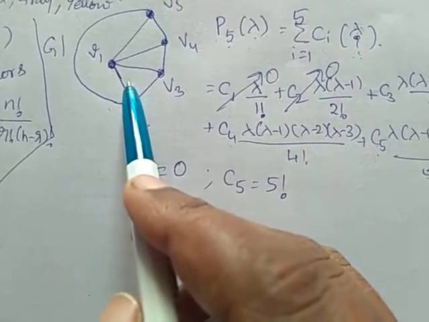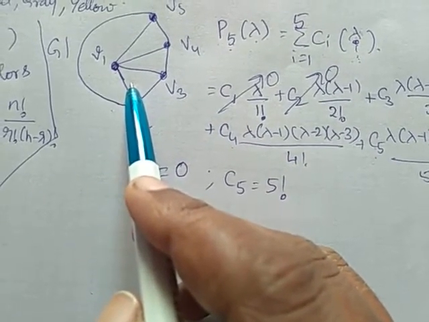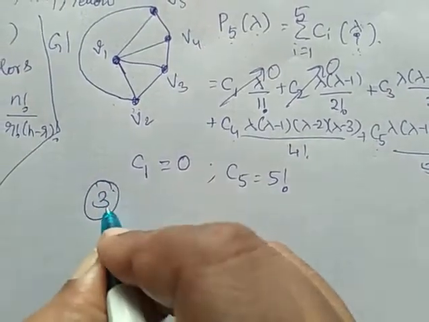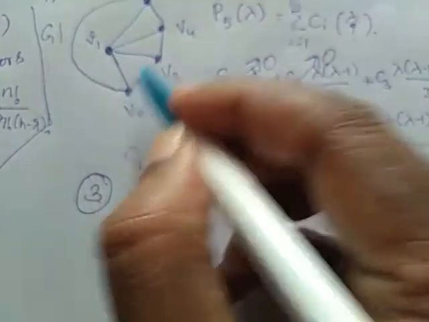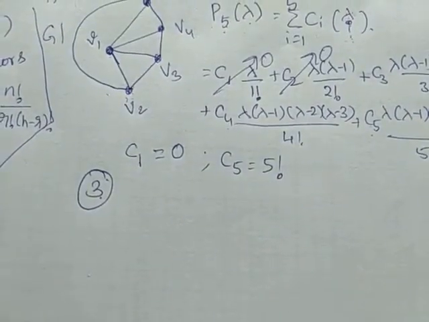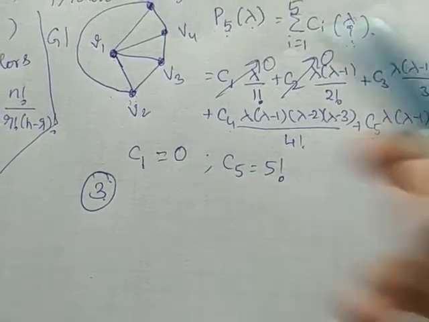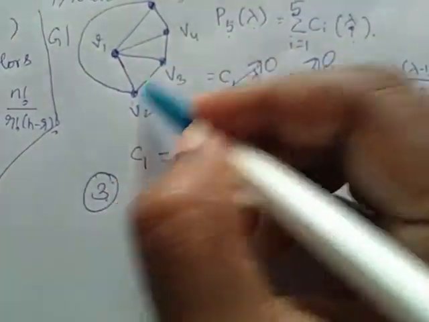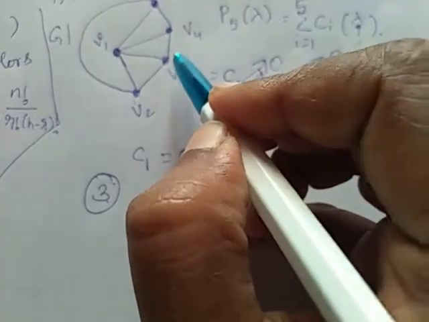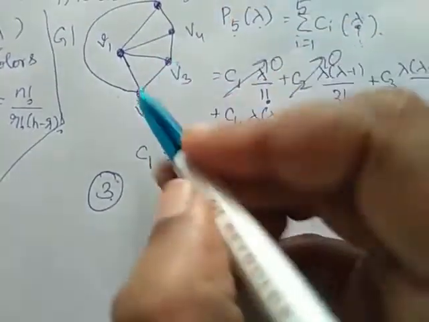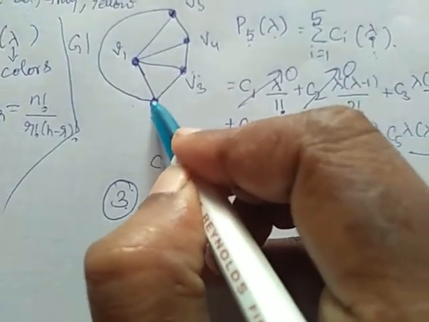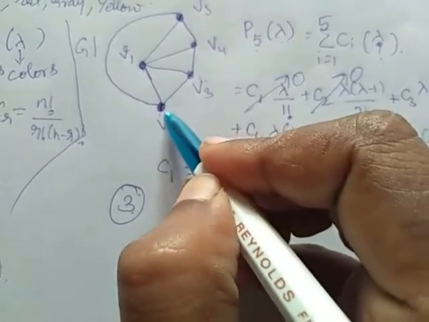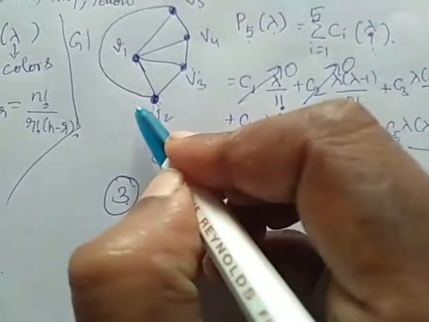These 3 colors can be assigned to vertices V1, V2, V3 in any number of ways. Here I can choose first color, second color, or third color. So when we choose the colors here, I can choose first, second, or third color. Here I have 3 options.